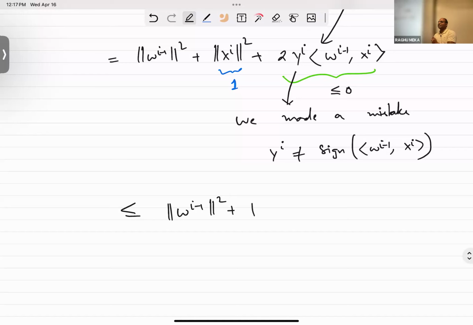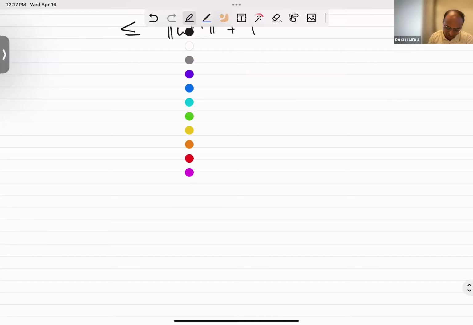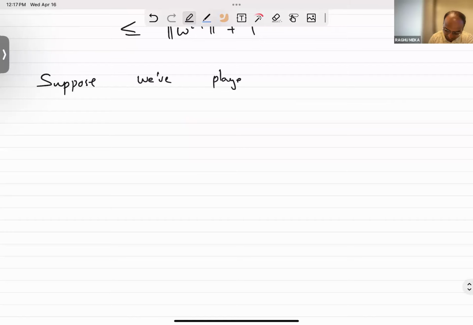We're saying that the correlation increases, but the correlation is not just increasing because we're scaling up the vectors. The length is also growing, but not at a very fast rate. So we can now put the two things together and say, suppose we've played the game for n days.